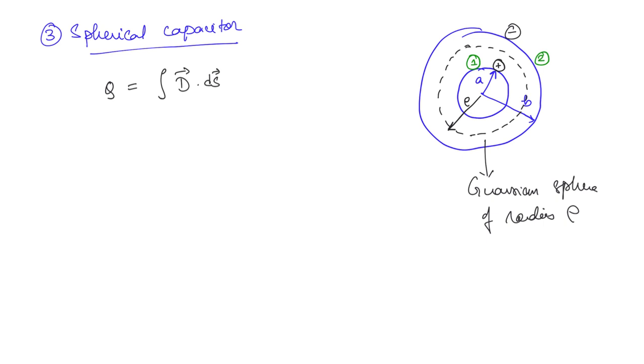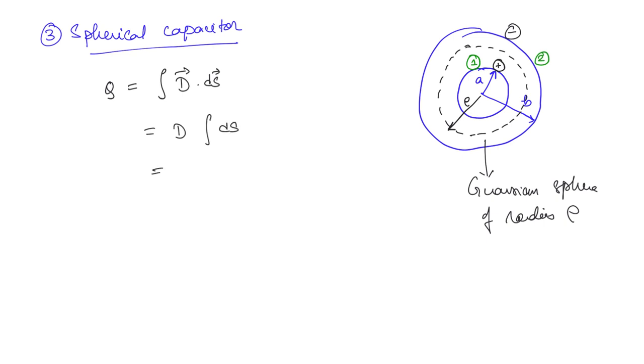We already saw the volume distribution. It is going to be symmetrical, in a radial direction, and for ds also, wherever you take the surface, the normal vector is in the radial direction. So d bar and ds bar are going to be in the same direction. So d times the integral of ds.